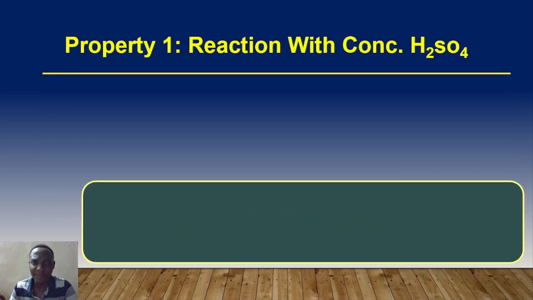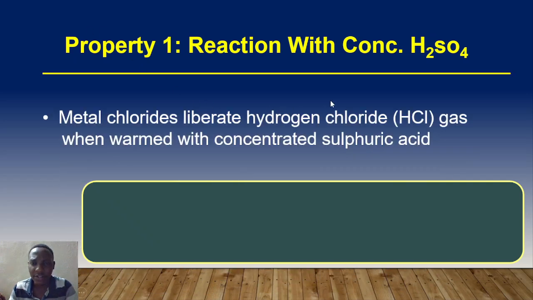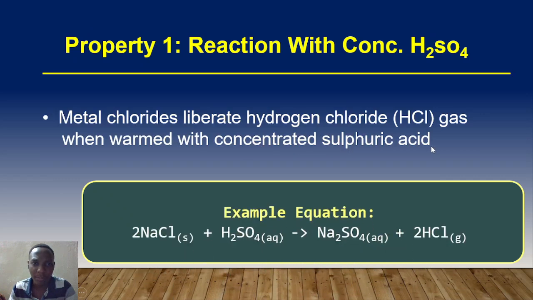The first chemical property of the metal chlorides is their reaction with concentrated sulfuric acid. Metal chlorides liberate hydrogen chloride gas when warmed with concentrated sulfuric acid. For example, sodium chloride, when it reacts with concentrated sulfuric acid, results in sodium sulfate plus hydrogen chloride gas.